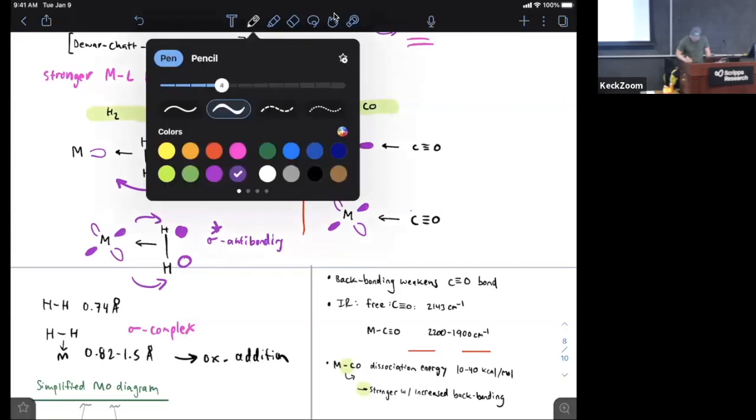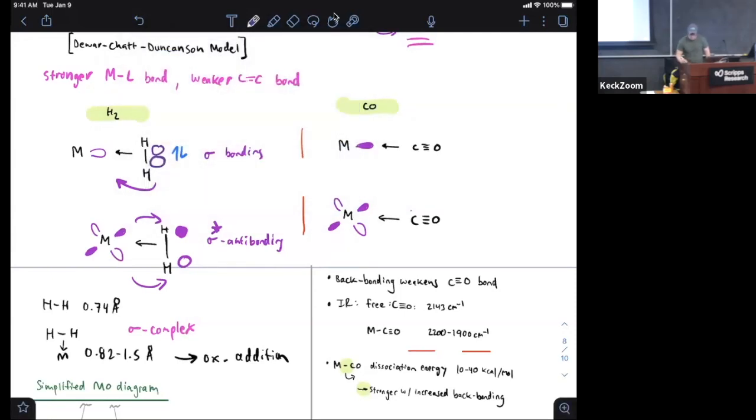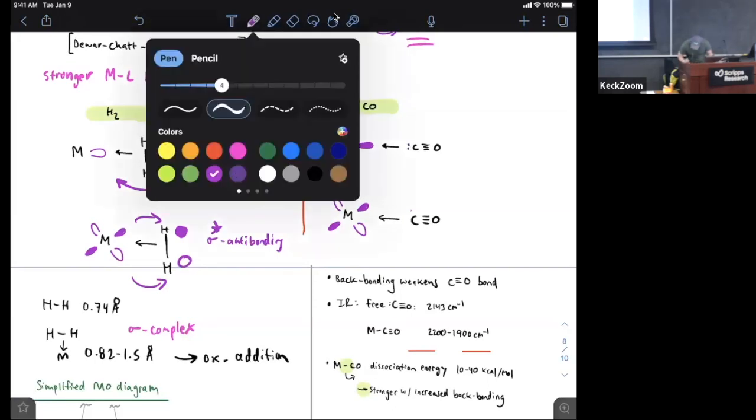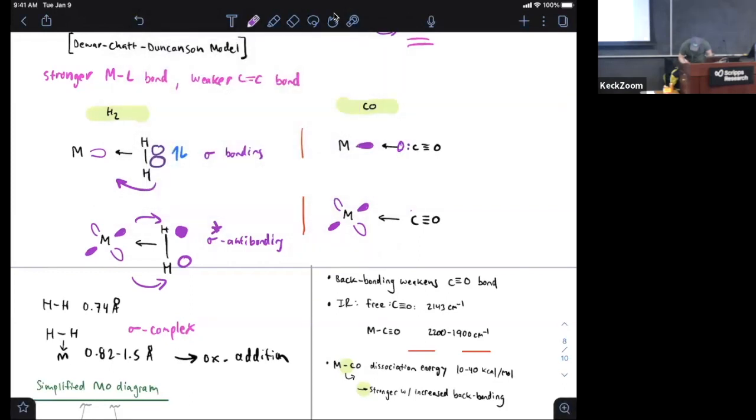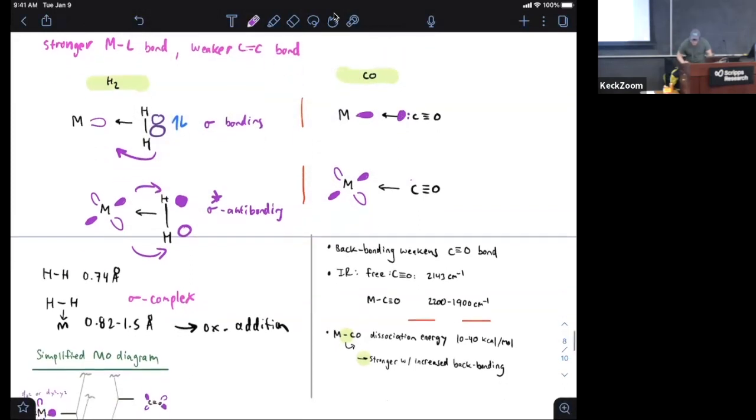Okay, so another very important ligand, arguably one of the most important ligands that we'll cover in class, is CO. And so CO engages as a sigma donor and a pi acceptor. So let me draw that out. Have a lone pair here that is the sigma donor. And the pi acceptor is a CO pi antibonding orbital.